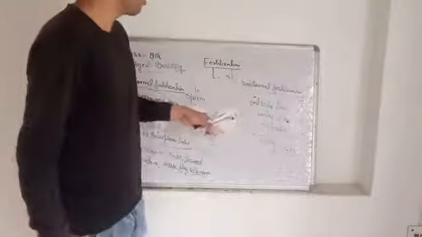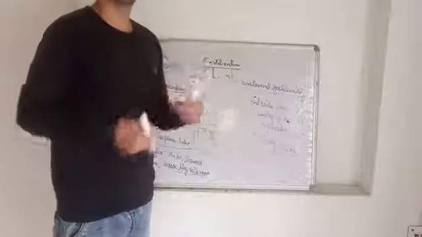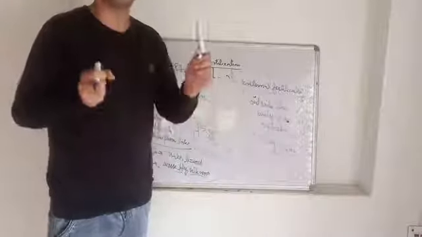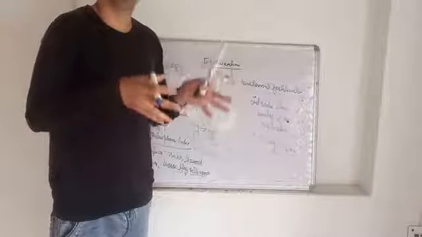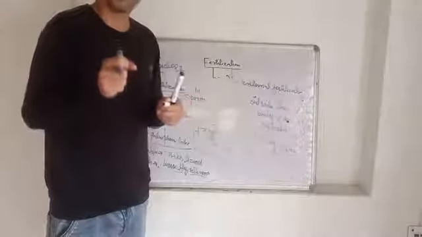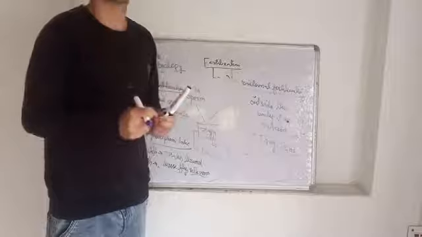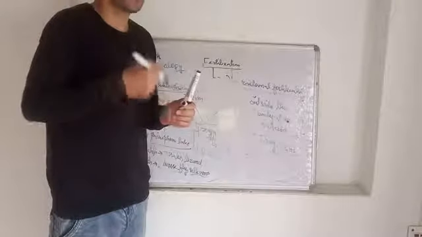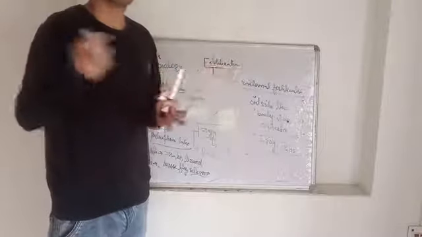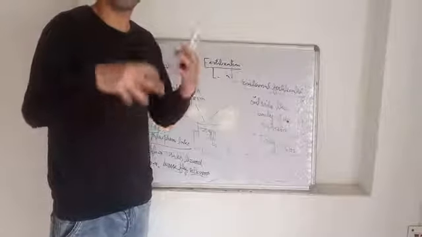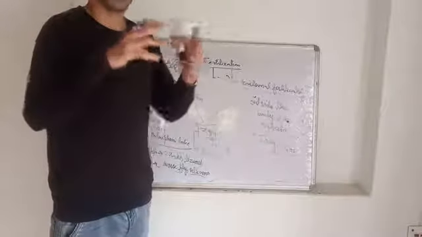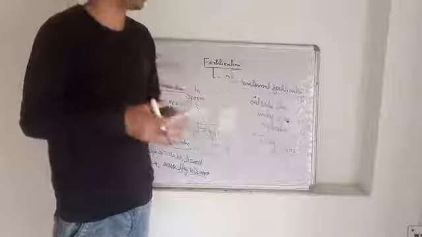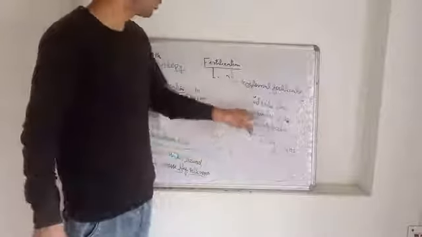Here the males and females discharge their gametes in the surrounding water, in large numbers: the female discharges eggs in the thousands, and the male discharges sperms in the lakhs.